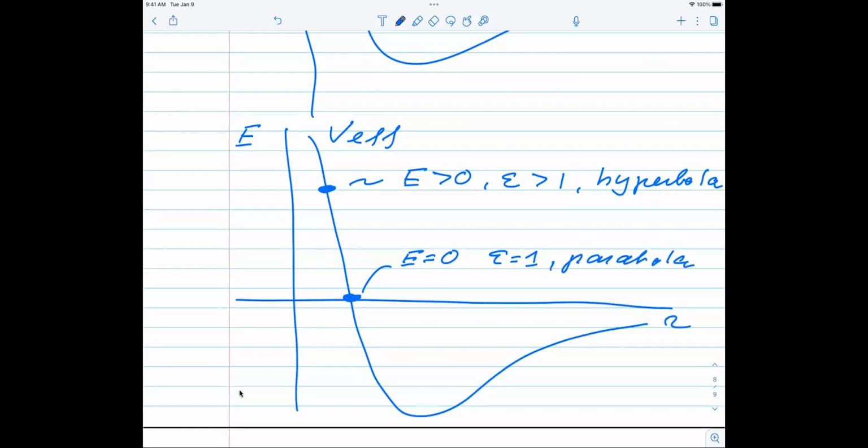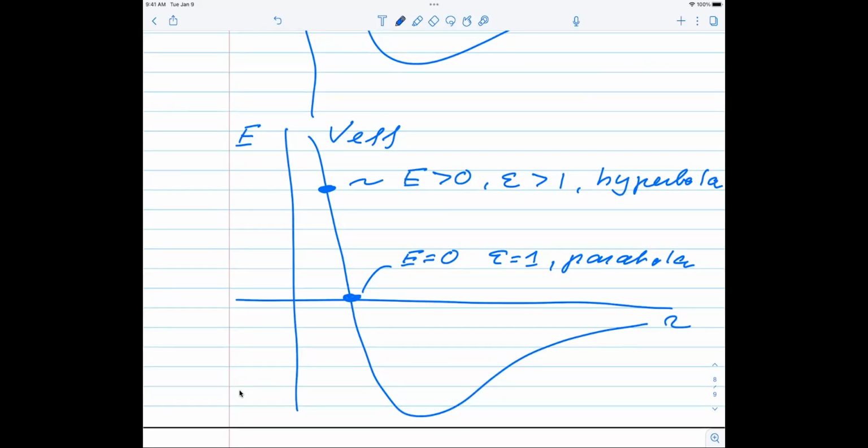And in both the hyperbola case and the parabola case, the objects are going to escape. Due to the fact that the solution to the differential equation gives us a divergency, the radius can actually go to infinity. So the objects will, after some time, be infinitely apart from each other.